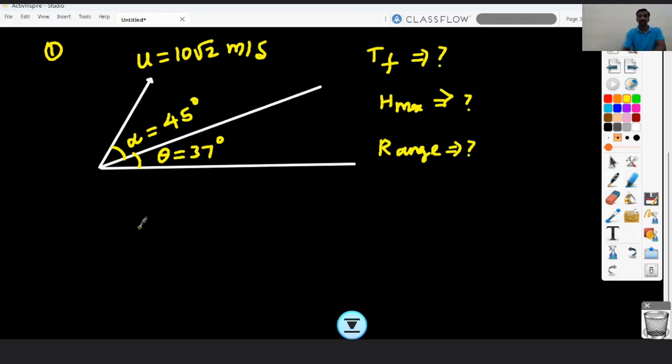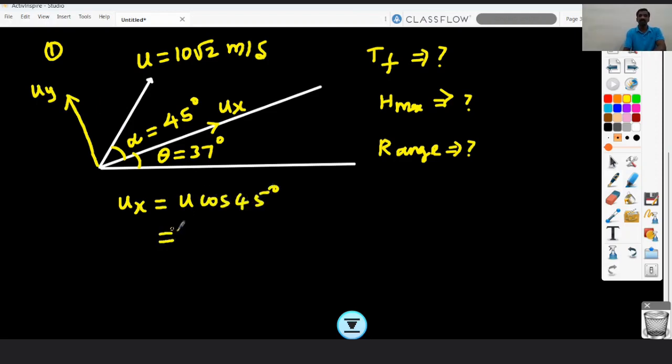Okay, so first thing, as I told you, we can find the components. ux is the horizontal component of velocity, and here we can make the vertical component of velocity uy equal to u sin alpha. So ux equal to u cos 45 degree. Substituting u as 10 root 2 and cos 45 degree as 1 by root 2, if you cancel root 2 we get 10 meter per second.